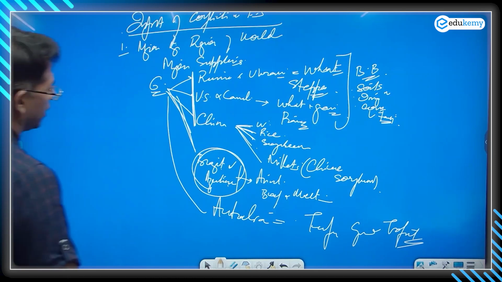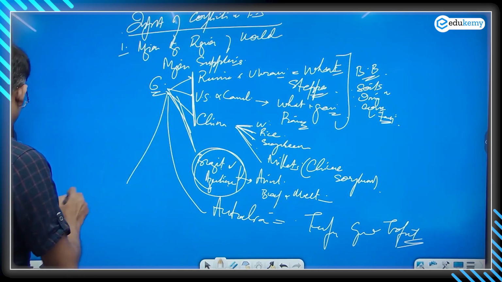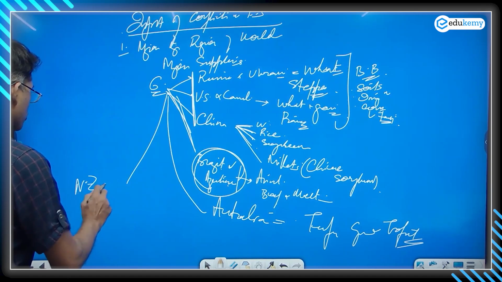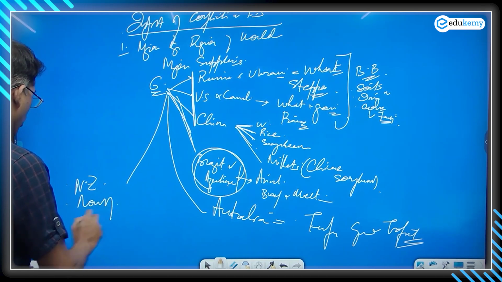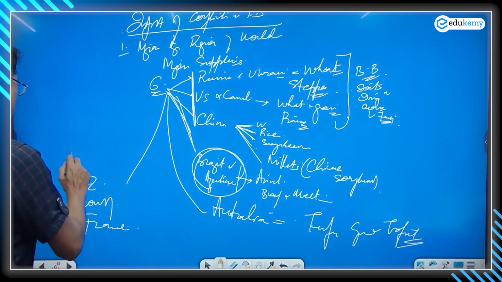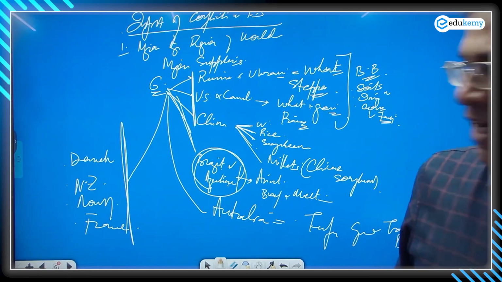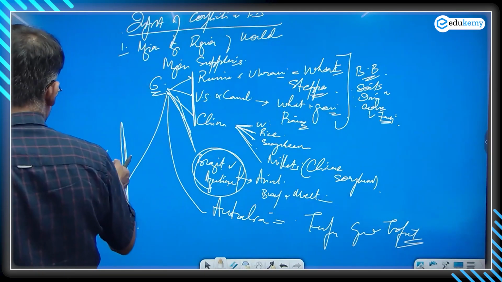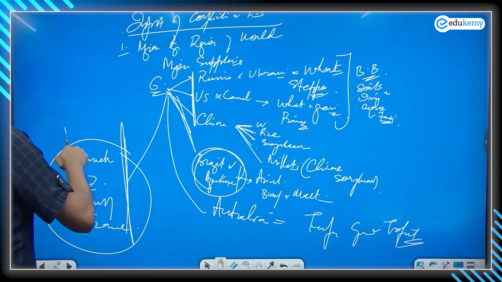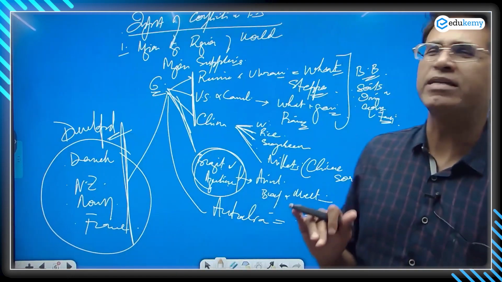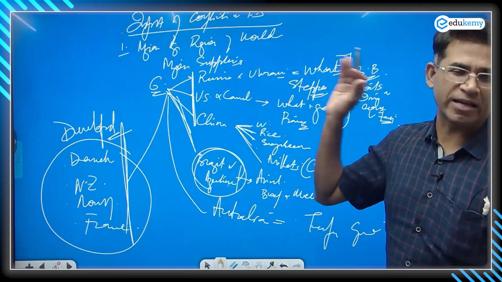And sixth one, you can put it as New Zealand, you can put Norway, you can put France, you can put Denmark, dairy products and fisheries products. Now, this also is supplied mainly to the developed world. So, ये आपके major regions who are suppliers.